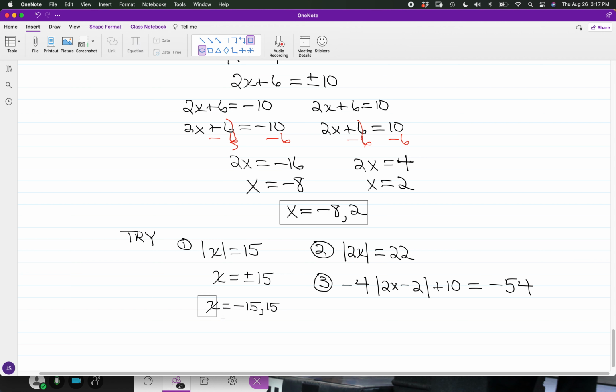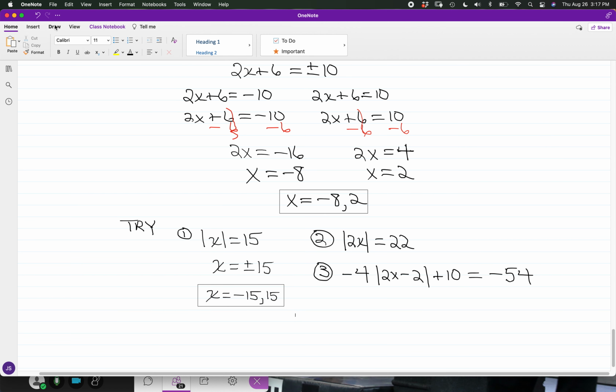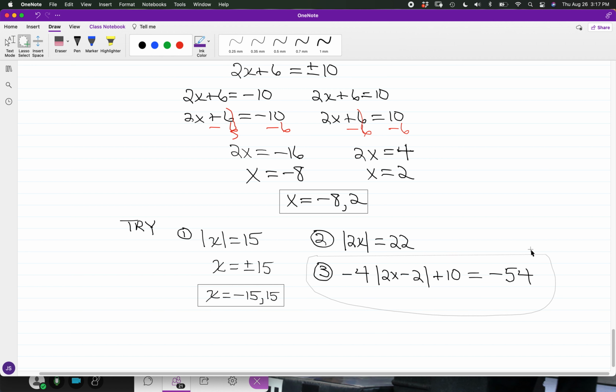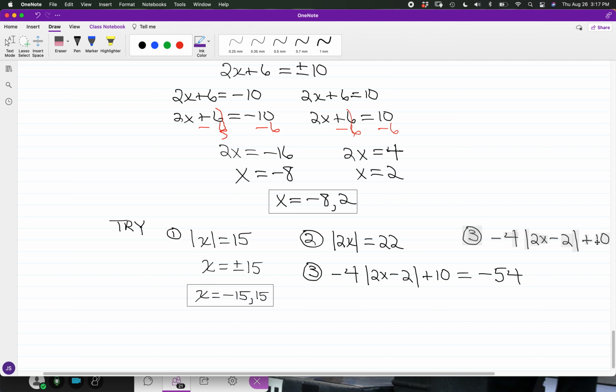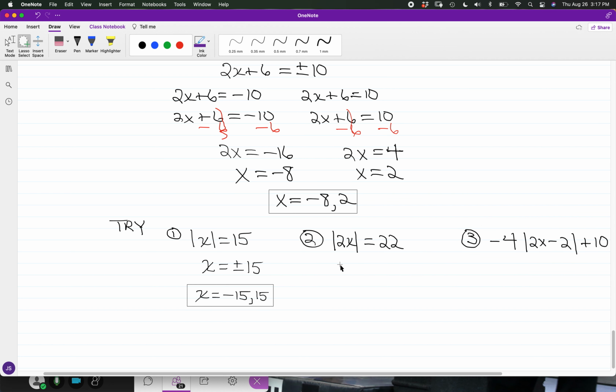Now, in the case of the second item, we've got the absolute value of 2x is equal to 22. So you have the absolute value of x represented by the absolute value of 2x, and k is represented by 22.